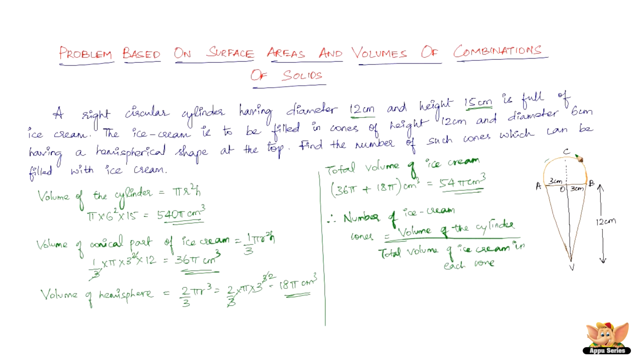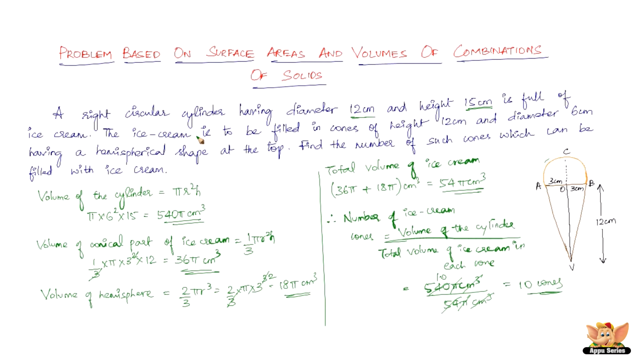Of course, it also includes the hemispherical part. The volume of the cylinder is 540 pi centimeter cube divided by the volume of the ice cream in one cone including the hemisphere, 54 pi centimeter cube, and the pi gets cancelled. 54 goes 10 times in 540. Therefore, you need 10 cones to fill the ice cream that is present in the right circular cylinder.